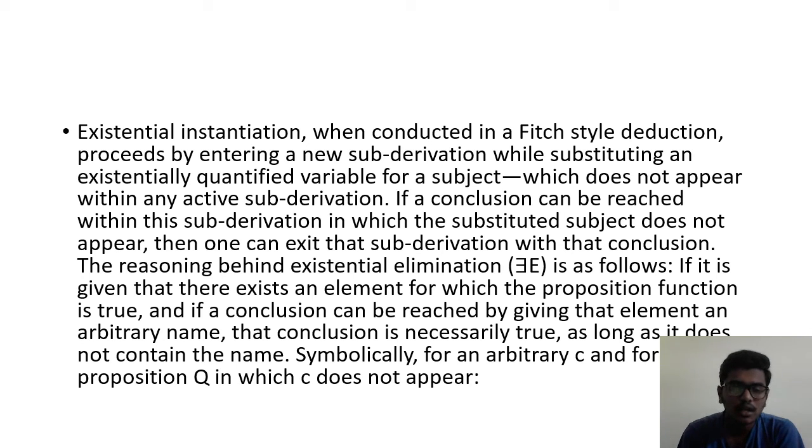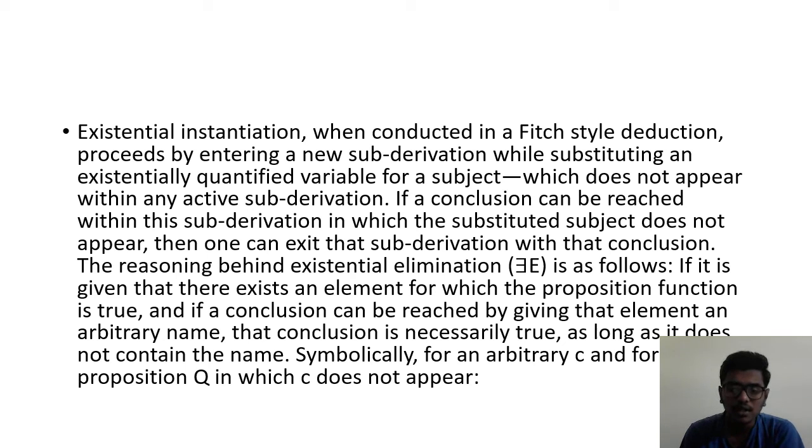The reason behind existential elimination is as follows. If it is given that there exists an element for which the propositional function is true, and if a conclusion can be reached by giving that element an arbitrary name, that conclusion is necessarily true as long as it does not contain the name.